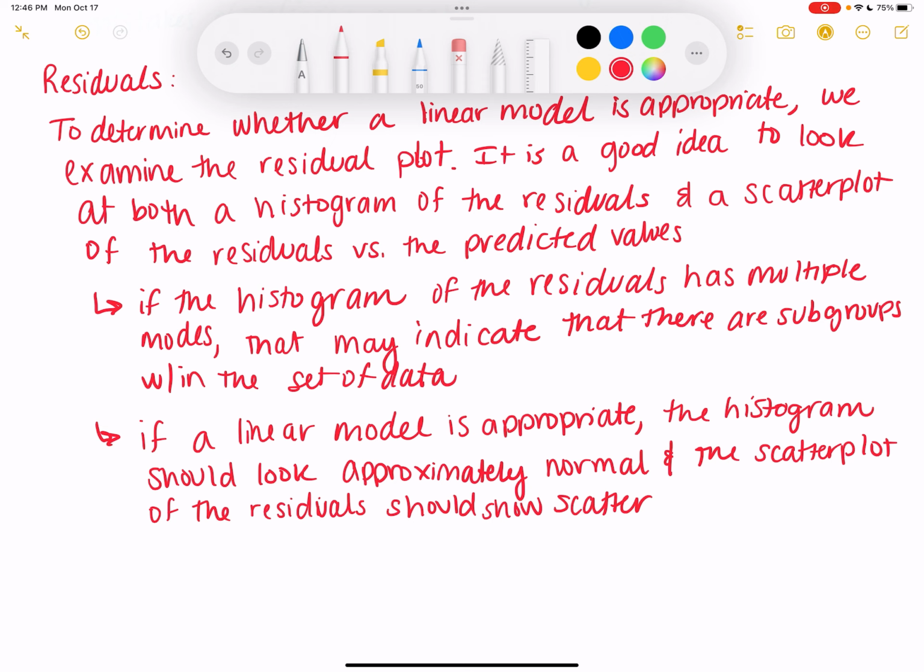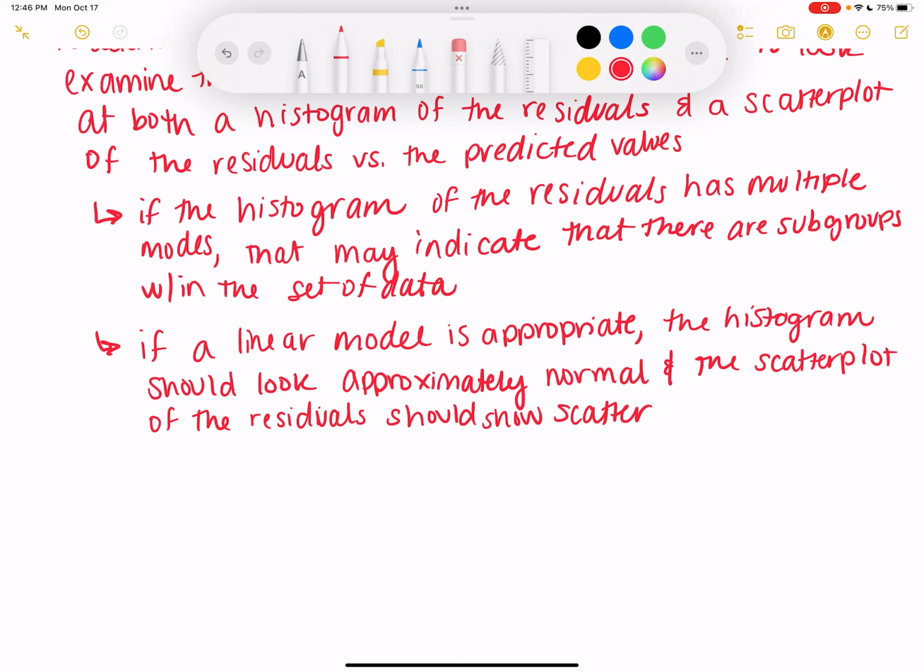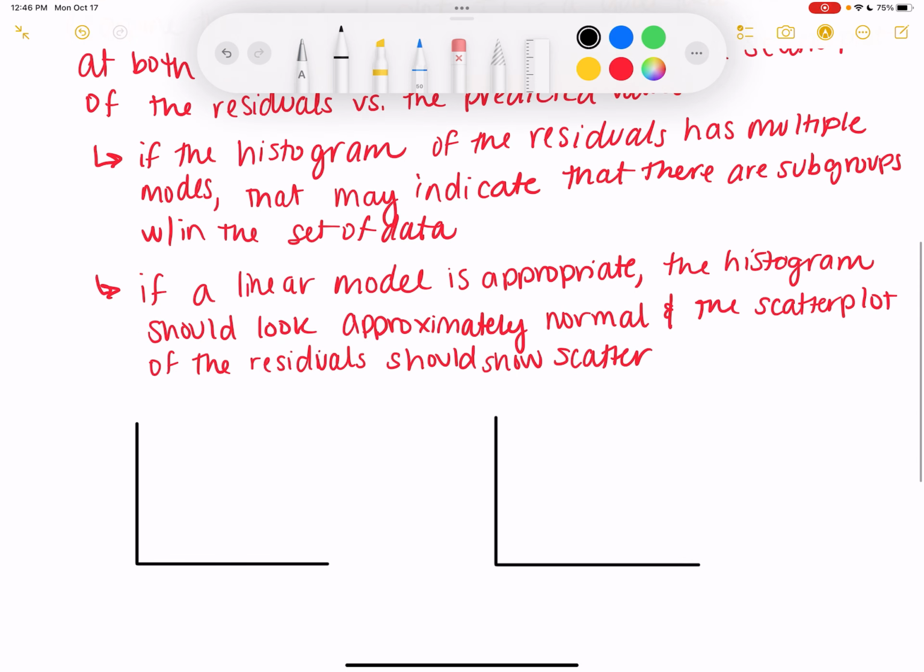All right, so I'm going to draw two little plots here. So histogram of the residuals.